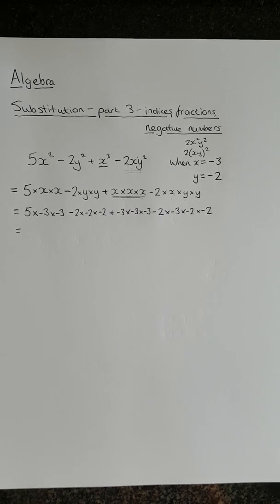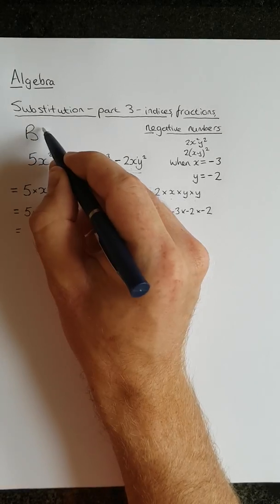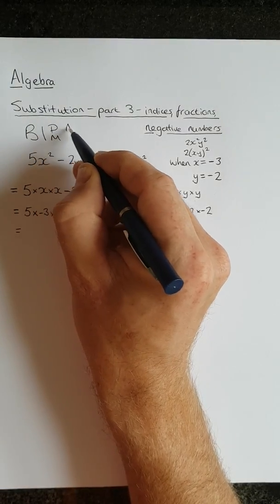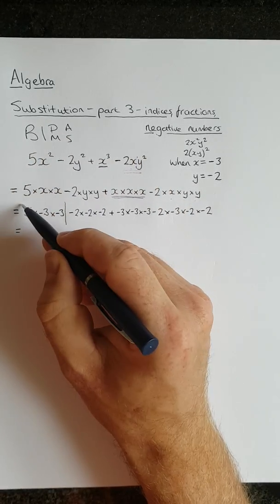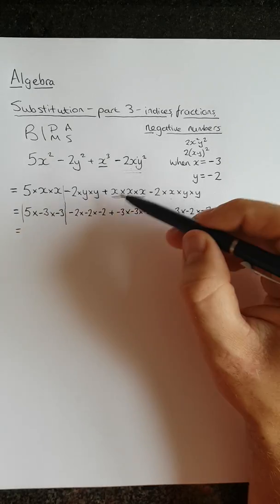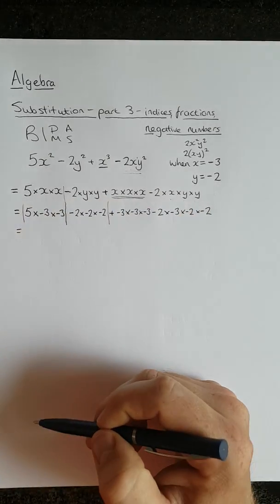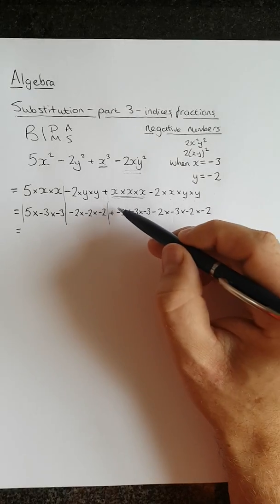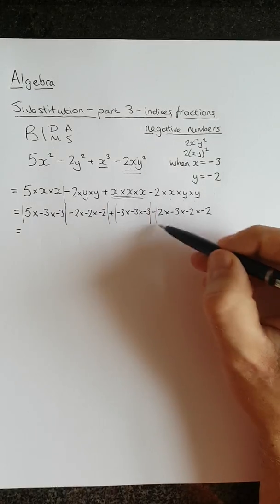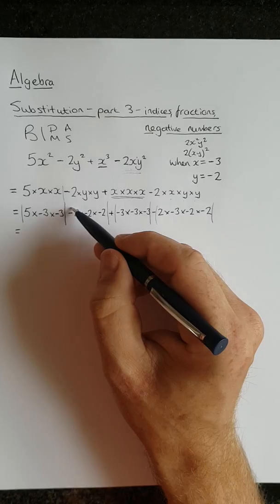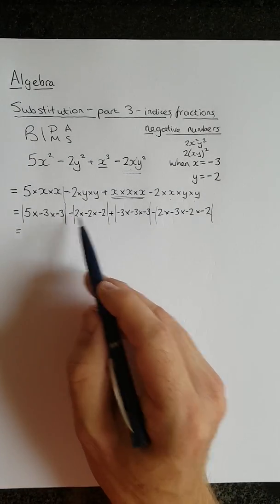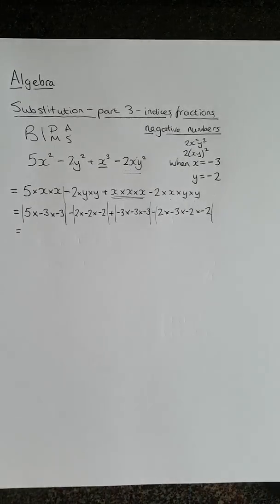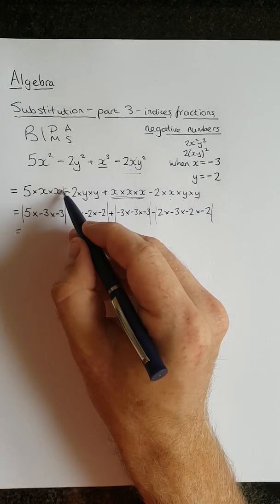Now, remember BIDMAS, we do multiplying and dividing first. So, we're going to tackle that bit first. We're going to tackle this bit next. We're then going to tackle the end bit. You can see I've taken out the in-between adds and subtracts that were originally here.